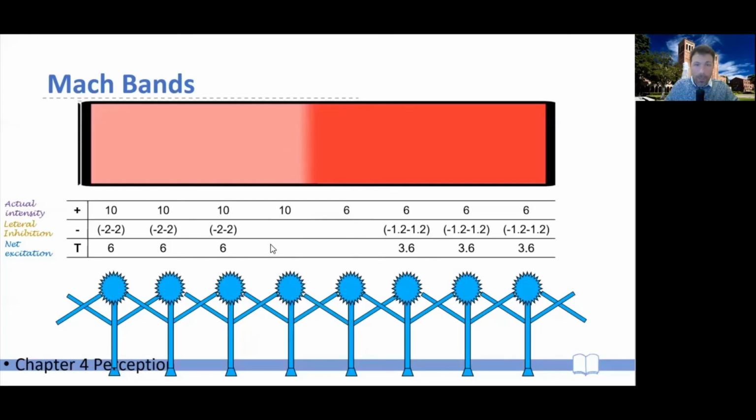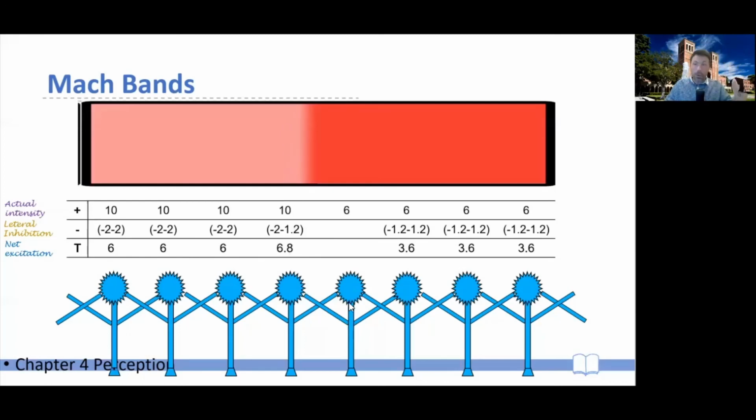So this neuron is being inhibited 2 from the left and minus 1.2 from the right. So net, this neuron is excited 6.8. So this neuron is more excited than its neighbors because it's receiving less lateral inhibition from one of the two sides. So this neuron is more excited, is going to see brighter than these neurons. Hence, the little bright line that you see right here.